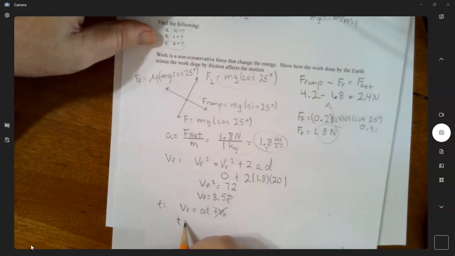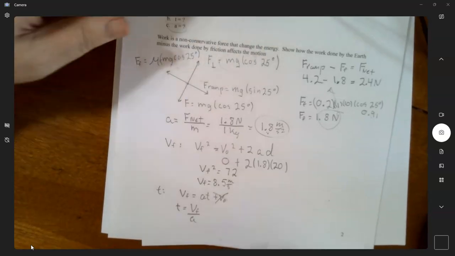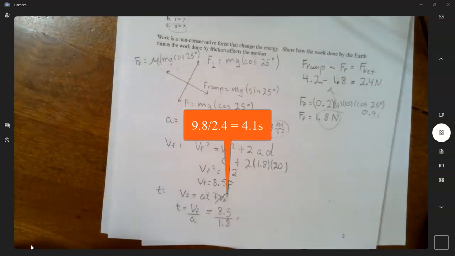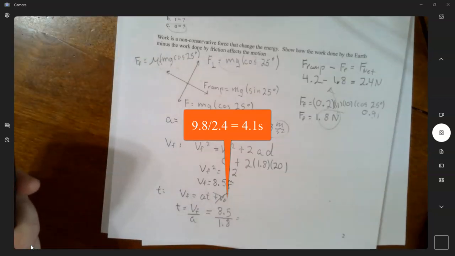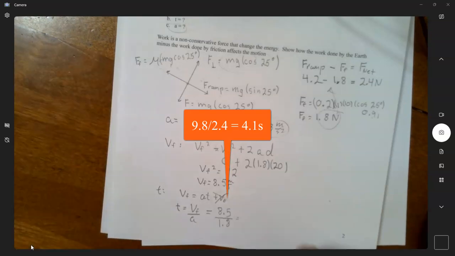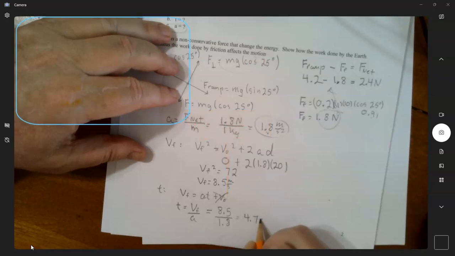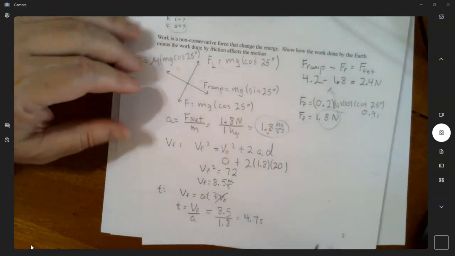We did it already. And that gives us the time for it to go down the ramp. Okay.